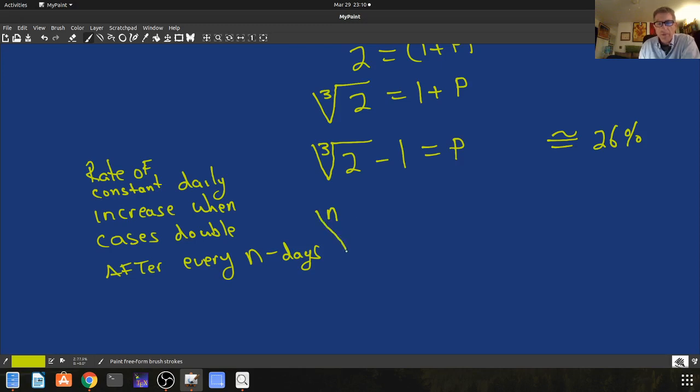And the general formula of that is going to be the nth root of 2 minus 1 is equal to P.